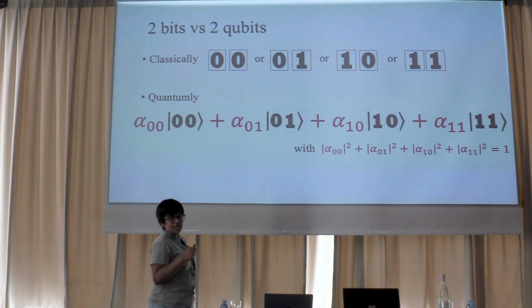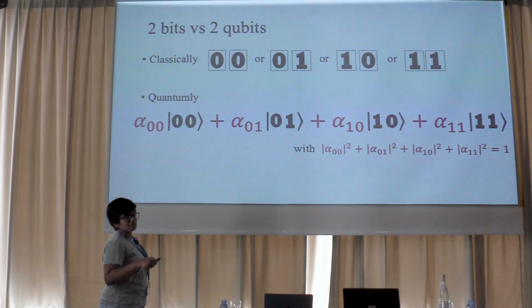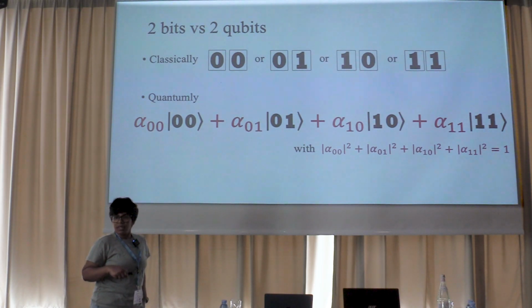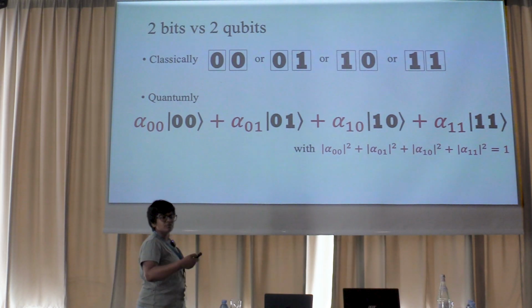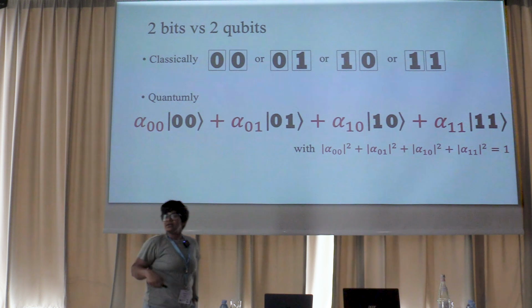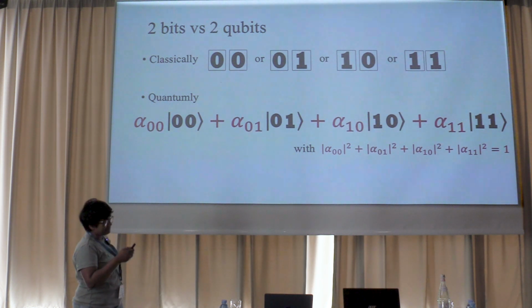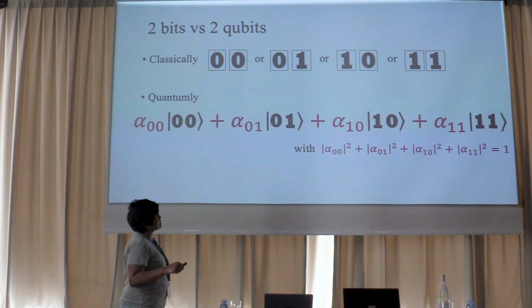So instead of alpha and beta, I will have 4 complex values associated with a 2-qubit system. And when I'm looking at a k-qubit system, I will have 2 to the k many of these alphas describing the system. Okay? And this also has to satisfy this condition.